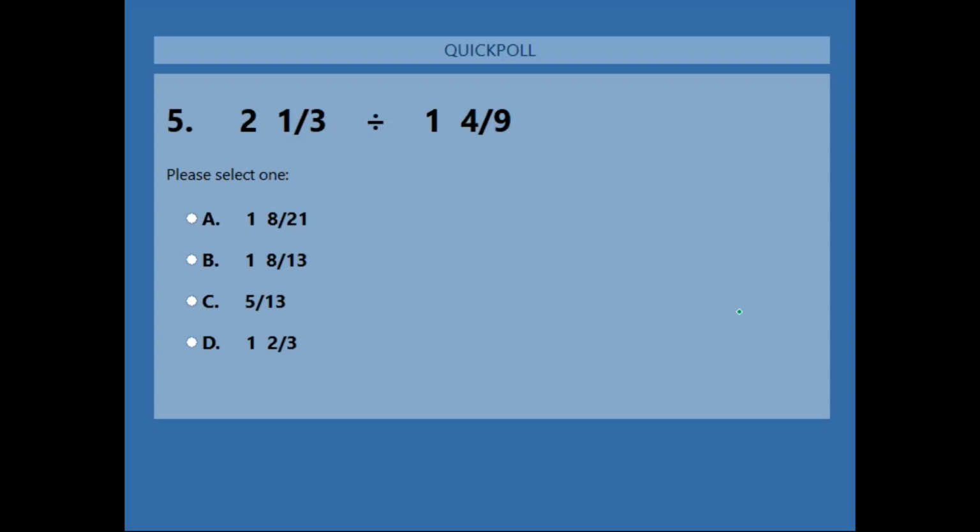And also, after doing that, we have to change the problem itself to multiplication using the reciprocal of the second fraction. Then specify any common factors between a numerator and a denominator, eliminate them, and then multiply across, and you'll have your final answer.